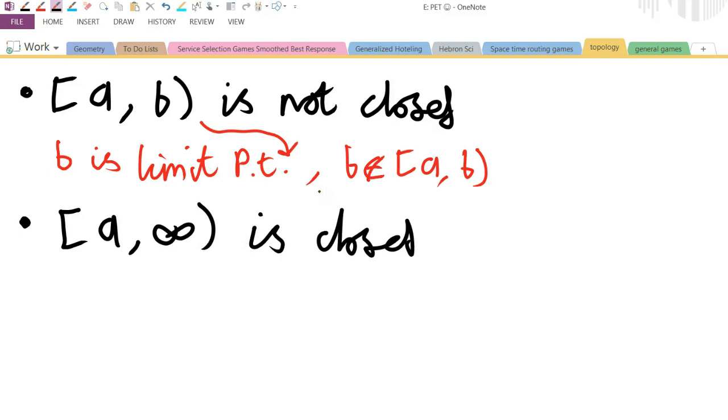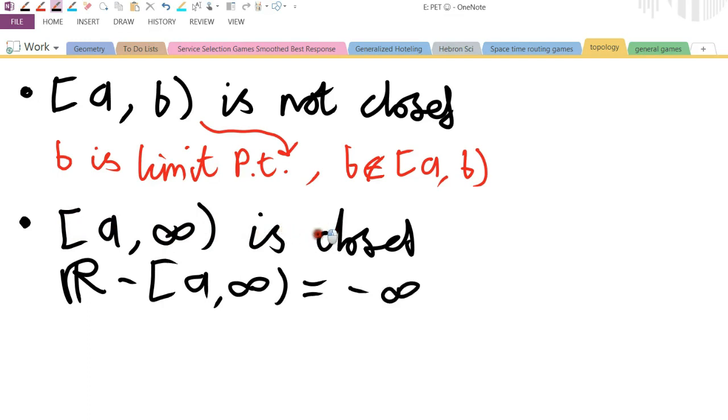And that's fairly easy to see, because if we look at the complement of this set, we'd see that every point in this complement here is going to have an open interval about it, which is contained within this set here of integers which are less than A. Sorry, real numbers which are less than A. These are all sets of real numbers.